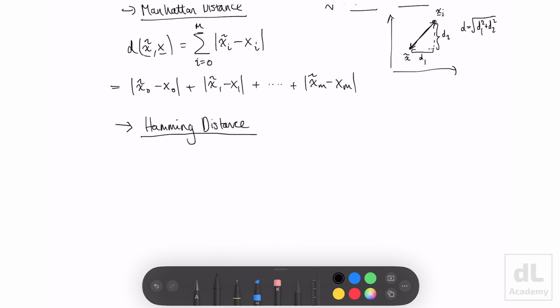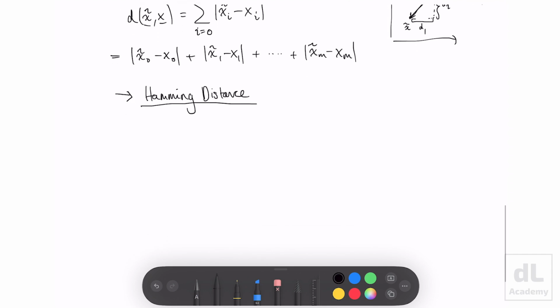The simplest one that you can do, when you have categorical variables for the inputs, is essentially the Hamming distance. So we look at dx tilde and dx. Basically, we can assign it to be 0 if they're equal, or 1 otherwise.